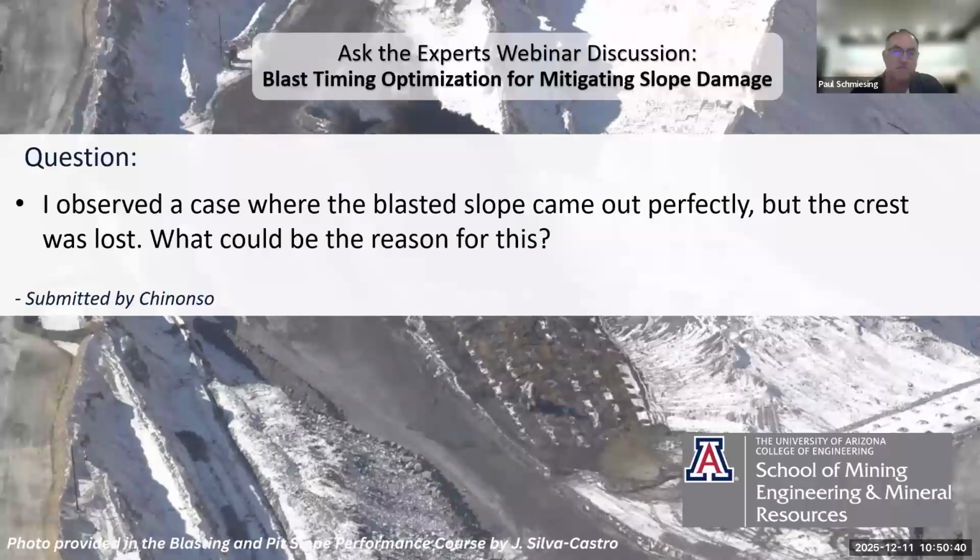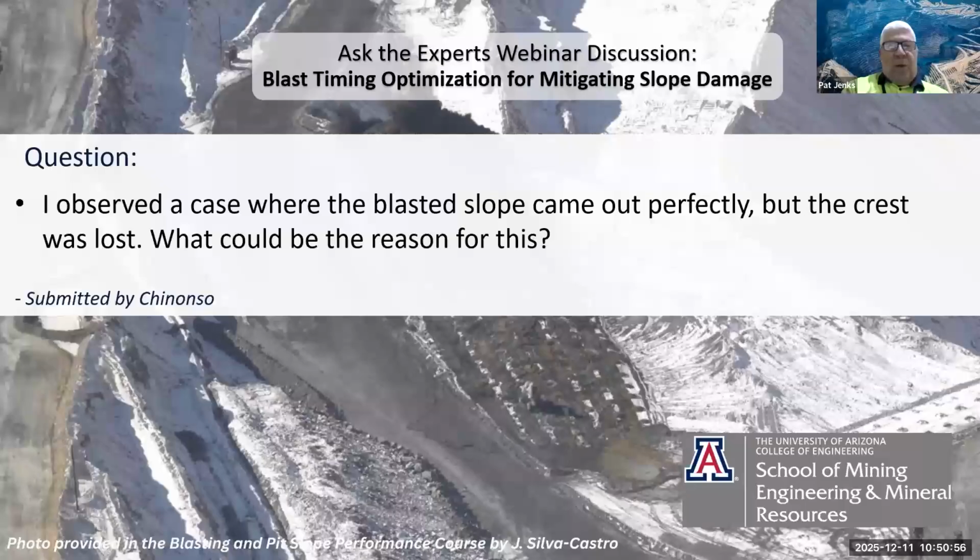Or even just maybe you're not holding sub drill, but the hole's being drilled deeper than it should be. Maybe there was a low spot, and so energy is directed back directly into the wall, causing crest loss. But in this case, I wouldn't say that slope came out perfectly.